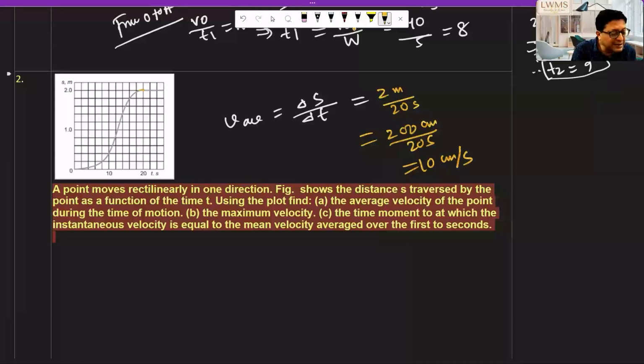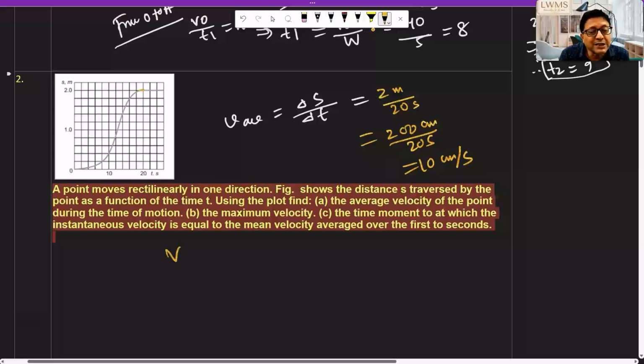Now, what is the maximum velocity? What is the concept of maximum velocity here? That we have to understand first. For maximum velocity, the slope of the curve will be maximum.